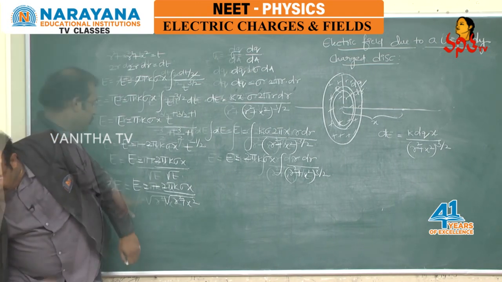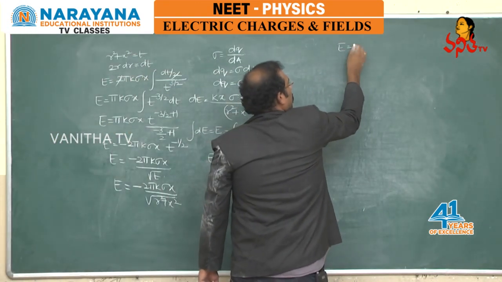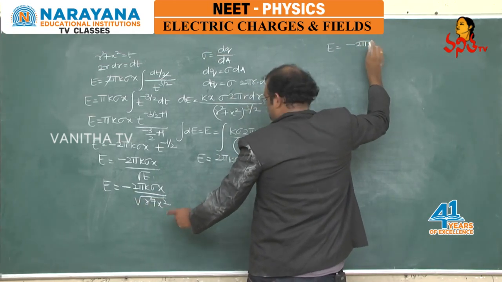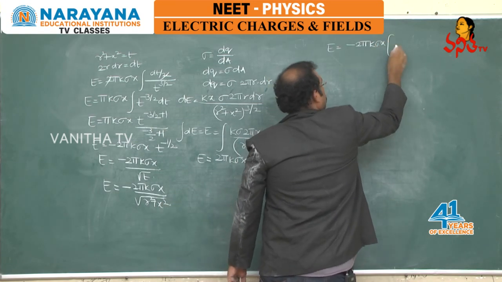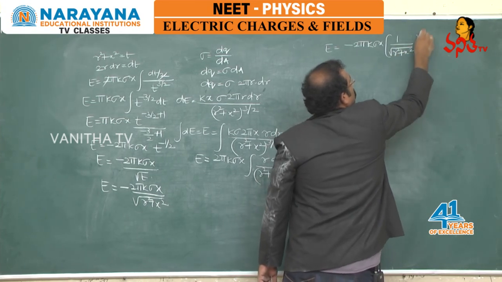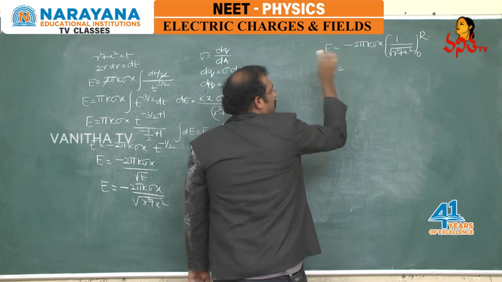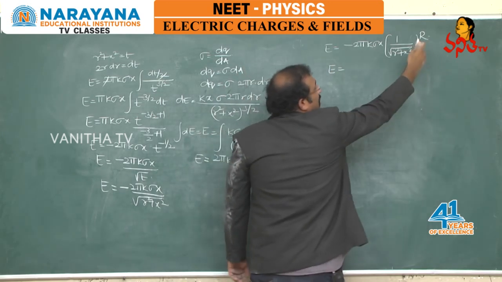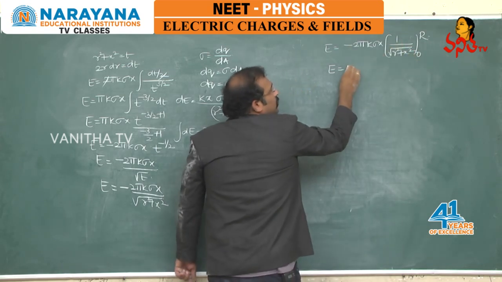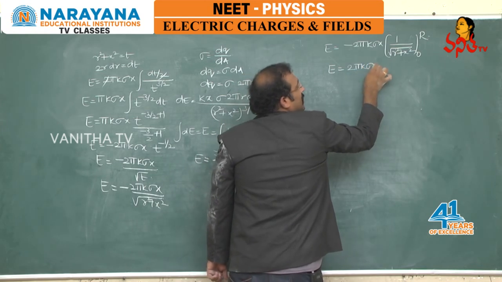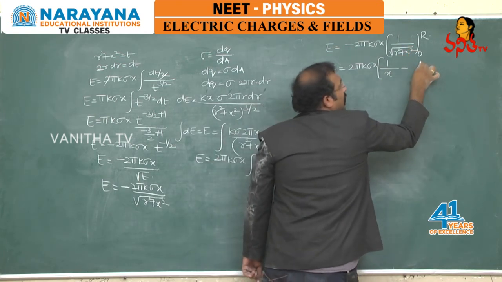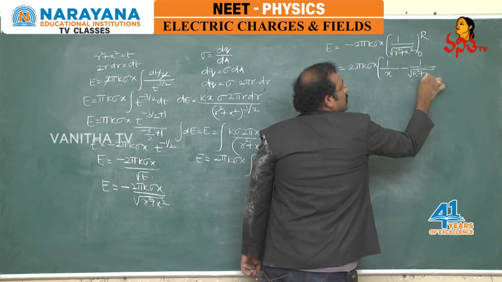So finally the equation is E equal to minus 2 pi k sigma x into 1 by root of r square plus x square from 0 to R. You get the final equation as upper limit minus lower limit. Here minus is there, therefore I am writing lower limit minus upper limit. So 2 pi k sigma x, 1 by, substituting 0 you will get x, minus substituting this R, 1 by root of R square plus x square.